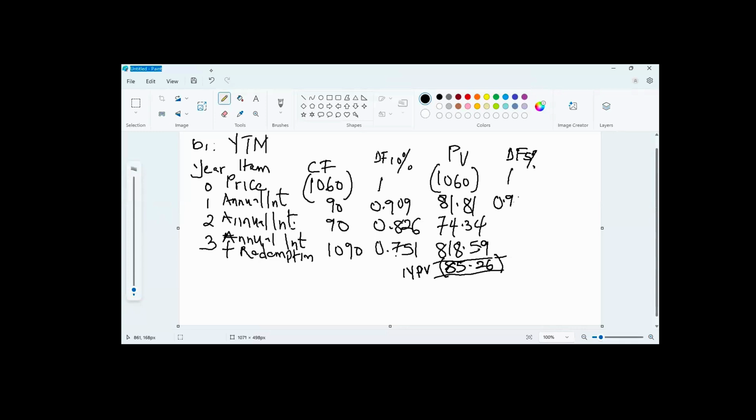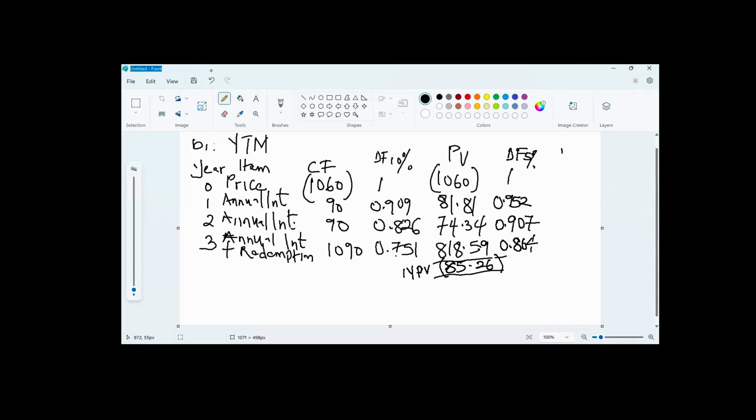Year 1, 0.952. In year 2, what is the discount factor at 5%? 0.907. Year 3, 0.864.